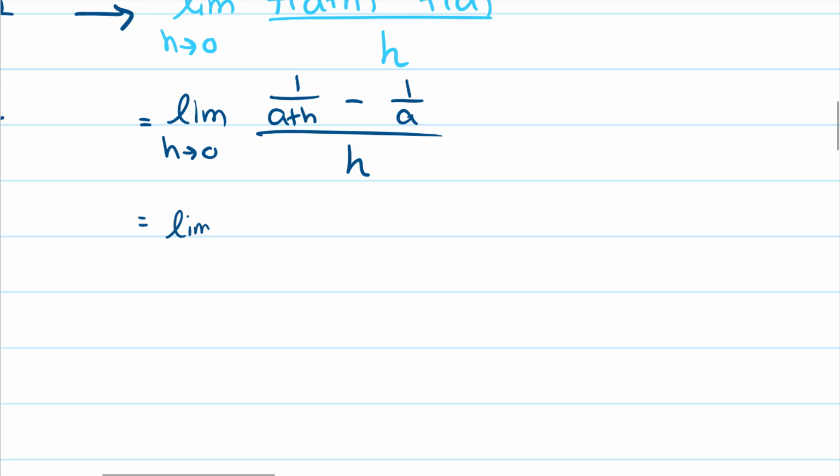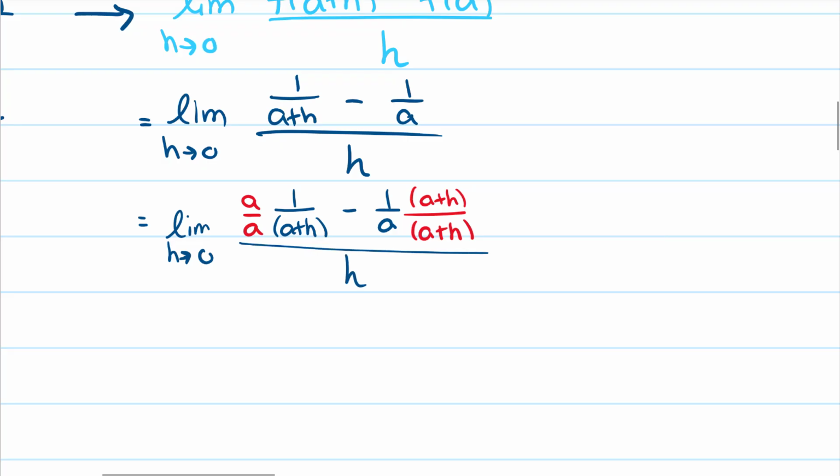So this is the limit as h approaches 0. And I'm going to multiply this side by a divided by a. And I'm going to multiply this side by a plus h over a plus h, all divided by h.